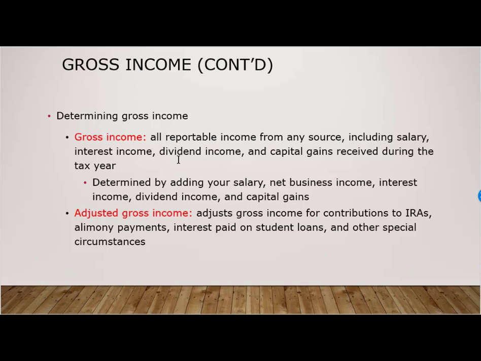So in the end, adjusted gross income is the number we want to know, because that's where we're going to start the calculation of taxes. So adjusted gross income, AGI, is the ultimate number to find and to try to work with when you think about how much taxes you are ultimately going to have to pay.